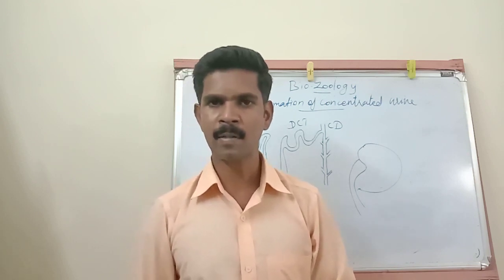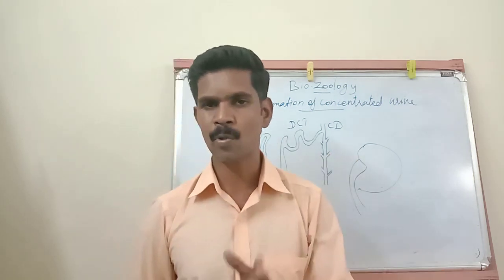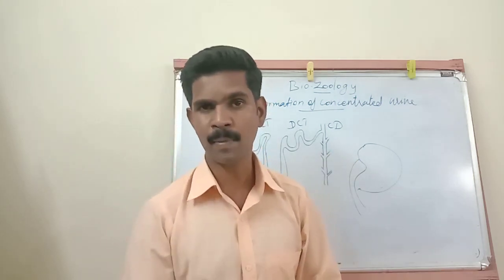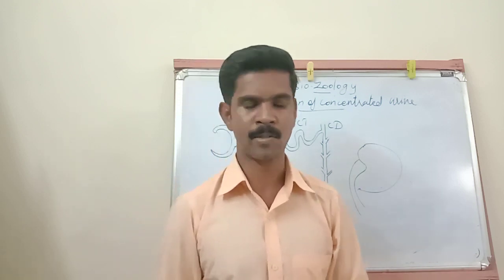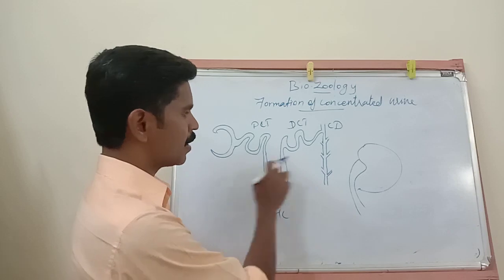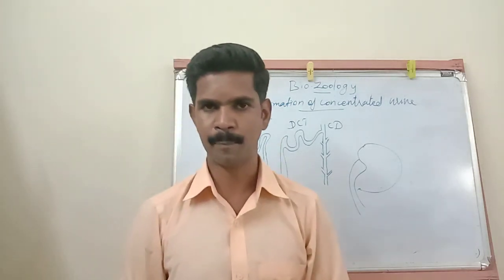So the arrangement of the Henle loop, collecting duct, and vasa recta allows the solute to move from the glomerular filtrate into the interstitial tissue. This region consists of interstitial tissue, and the glomerular filtrate is present inside the Henle loop.